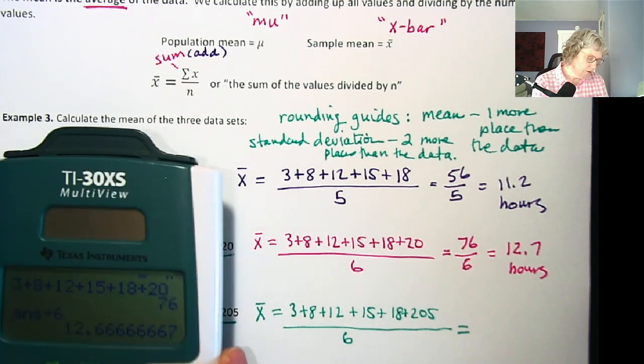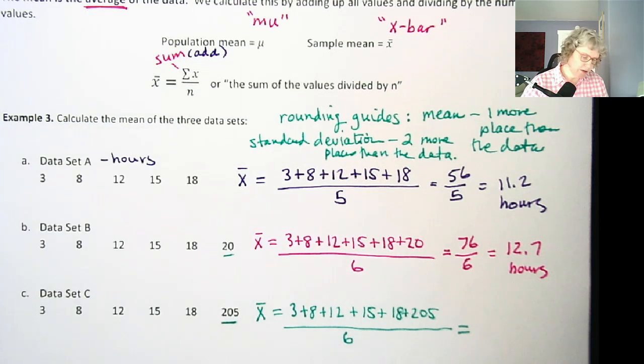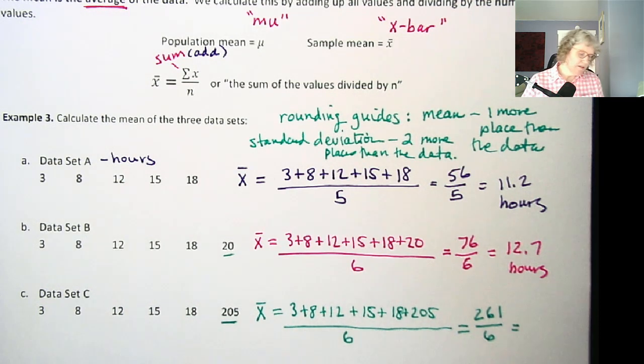Okay, so let's see what we get. 3 plus 8 plus 12 plus 15 plus 18 plus 205. Okay, 261. Expected that to be large. And still out of 6. Okay, so this is kind of like what I was talking about with the income.